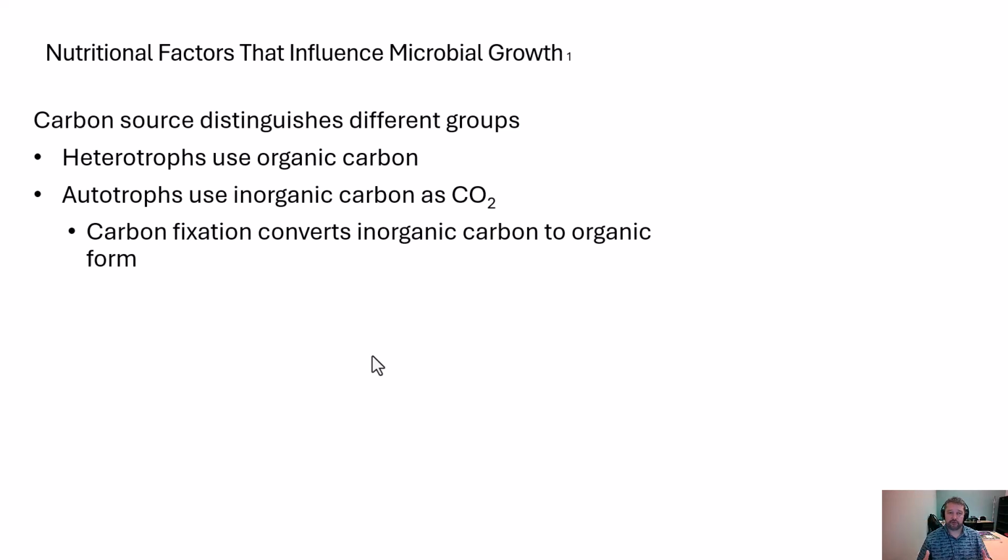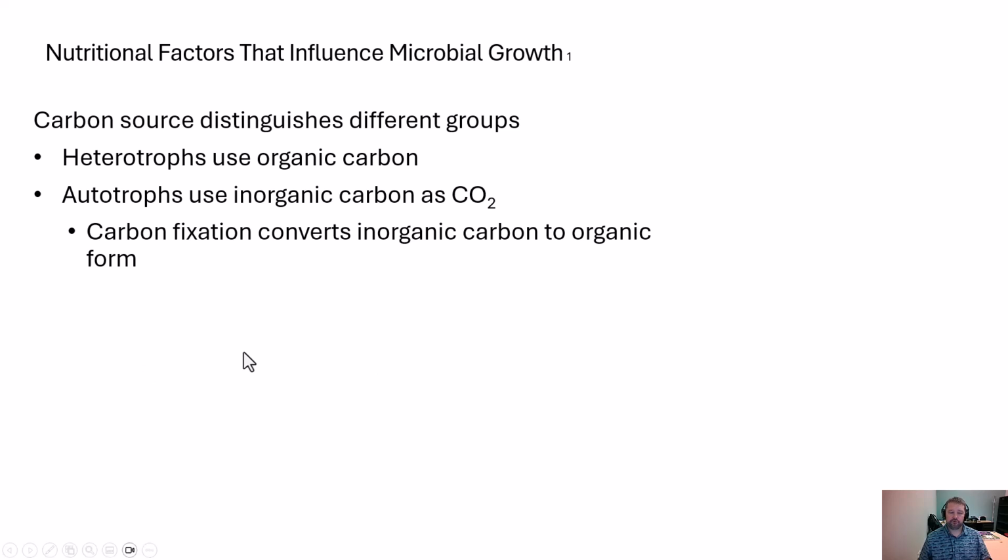They're taking carbon dioxide or something related to it. For nitrogen, they'd be taking in nitrogen gas, potentially, and converting that inorganic molecule into an organic molecule.